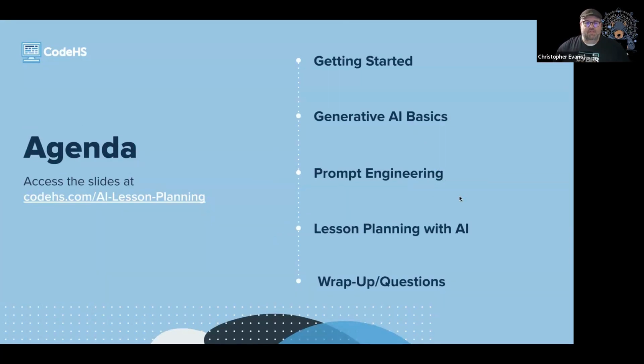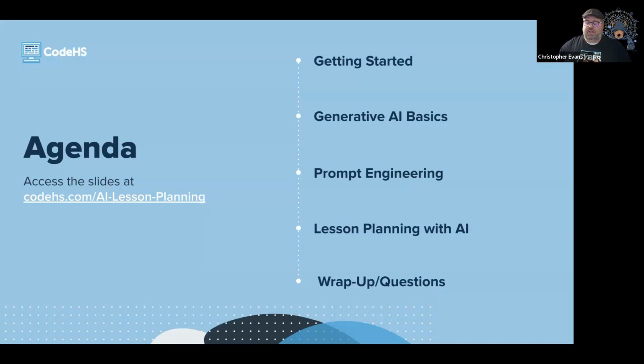We'll start with some basics on what generative AI is. There's a lot of buzzwords going around with AI, so we're going to hopefully be able to cut through some of that so you understand what some of these terms mean. Then we'll look at the main meat of this presentation, which is prompt engineering.